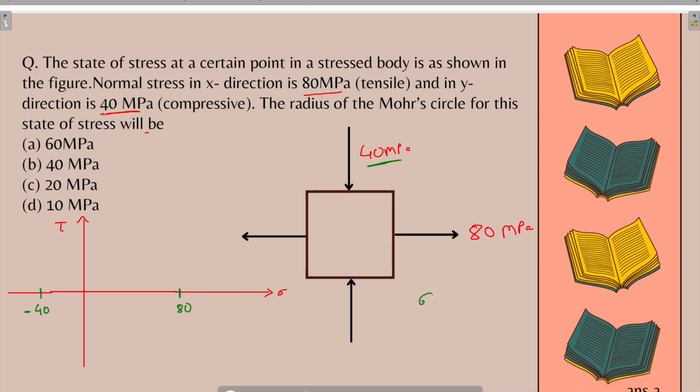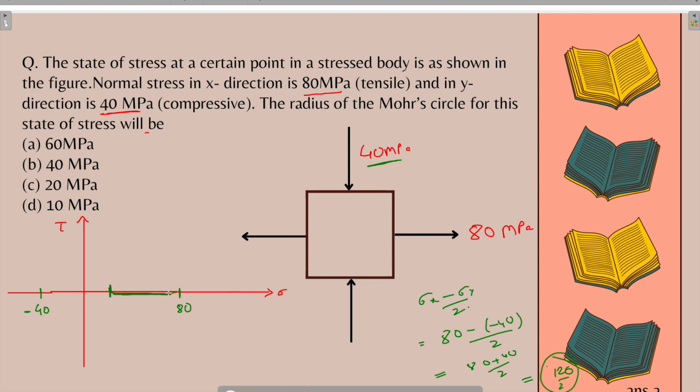It is sigma x minus sigma y by 2. So you just put them, 80 minus of minus 40 by 2. This is nothing but 80 plus 40 by 2, 120 by 2, that is equal to 60 MPa.